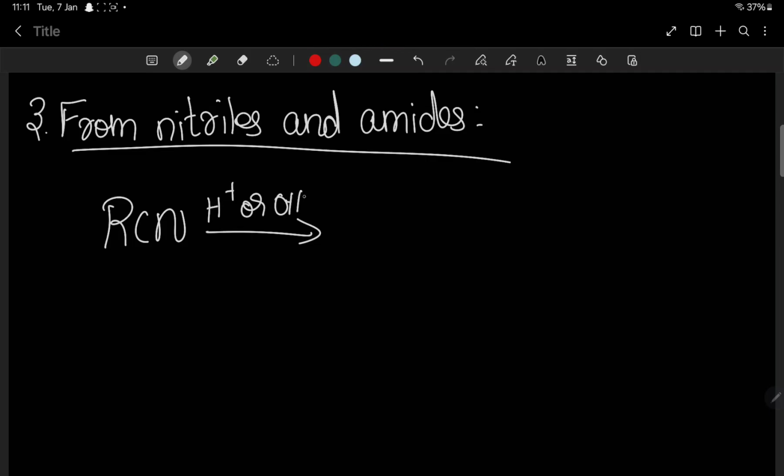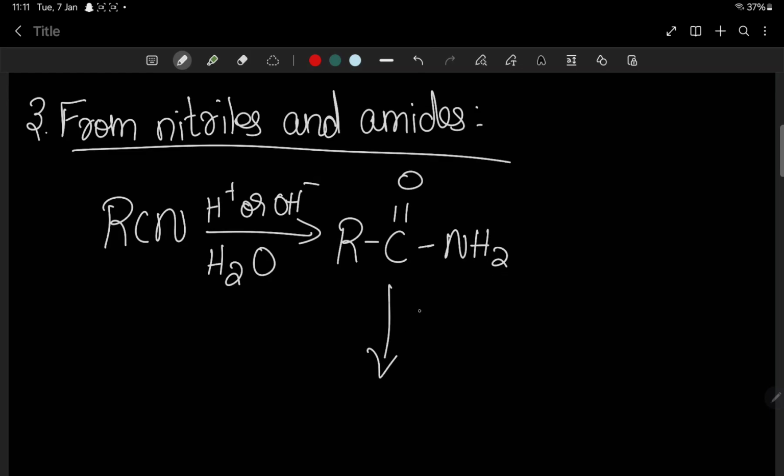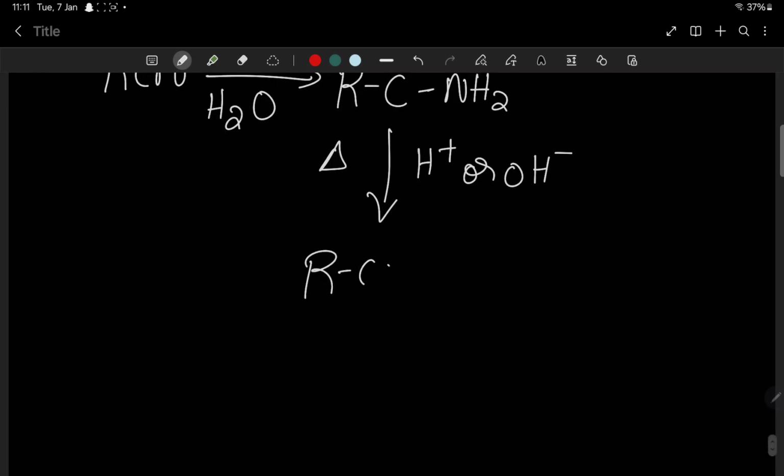That means you just hydrolyze it, in acid medium or basic medium with water. It automatically converts to amide. Into this amide you add H plus or OH minus and heat it. Then we get the corresponding COOH.